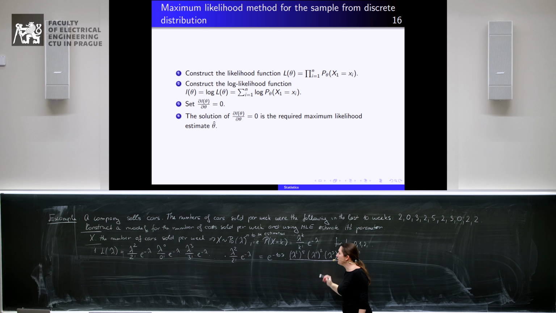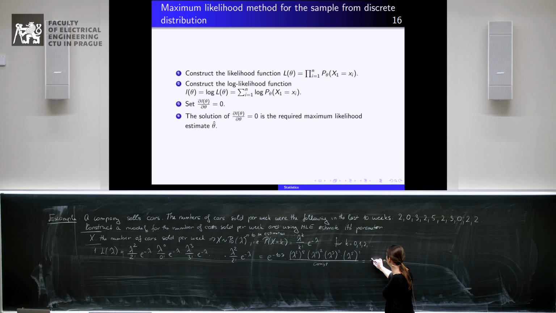And in the denominator, we have some factorials, but we know that we will look for the extreme. We will calculate the derivative. So, in fact, we can write that it is a constant. It is something which doesn't depend on lambda. Okay.